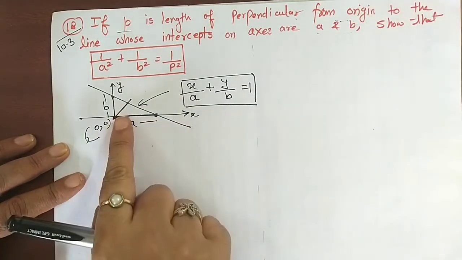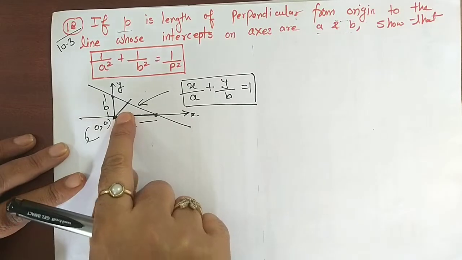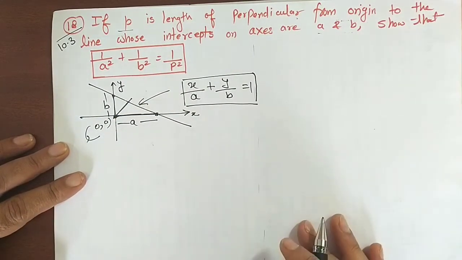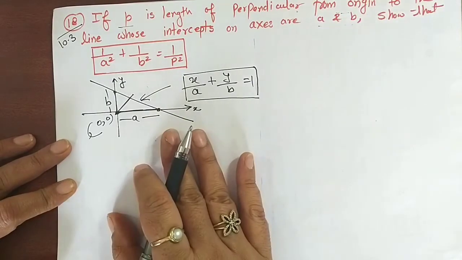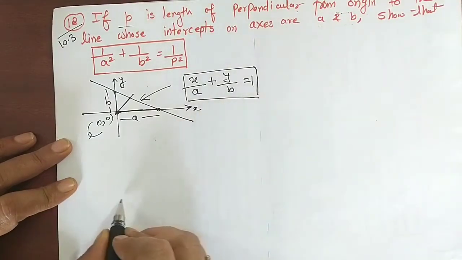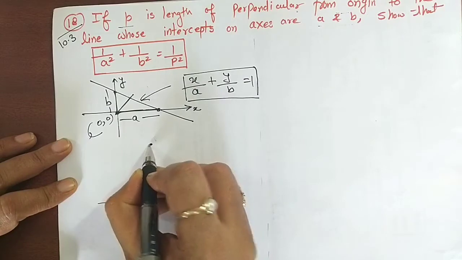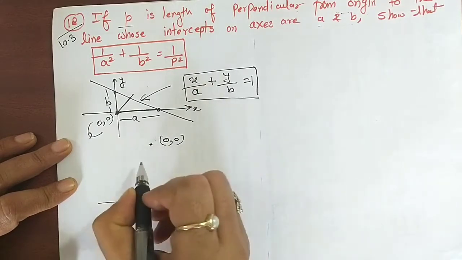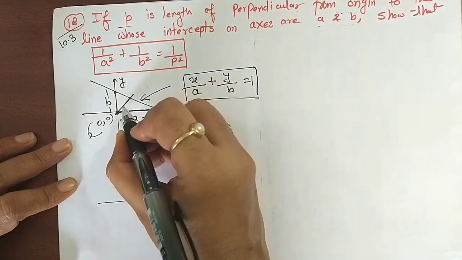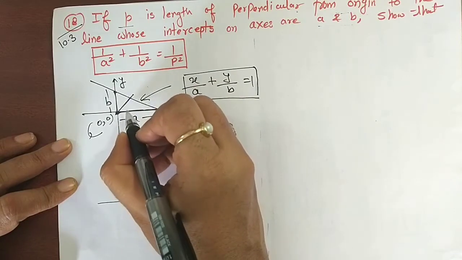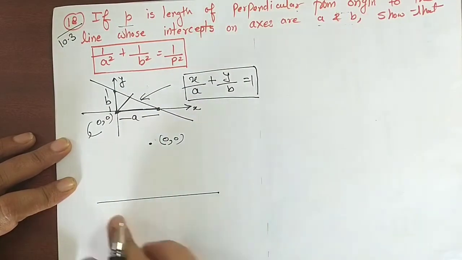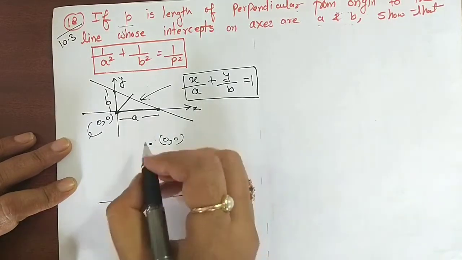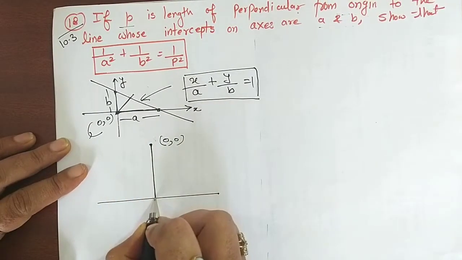Okay. So many of you will get confused to apply the normal form of equation. But here, guys, that is not required because we have a line and we have a point. Other than that, they have not given any angle information. If any angle information is not there, we can directly use the equation of line and a perpendicular from a point.